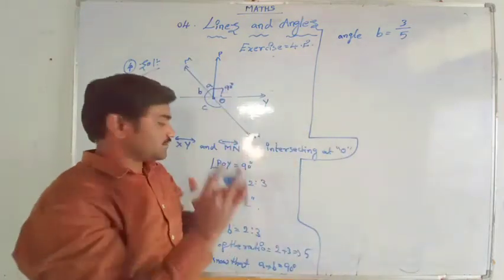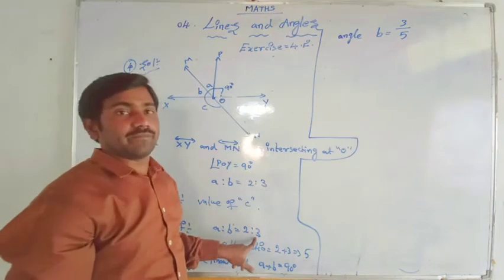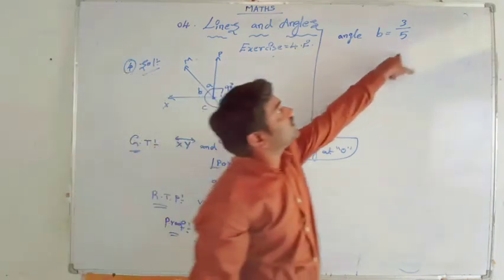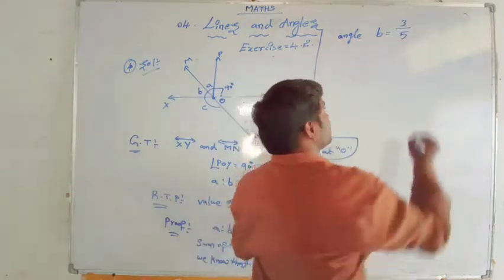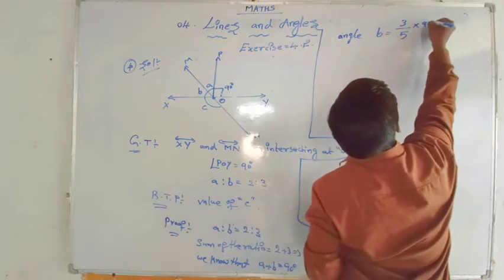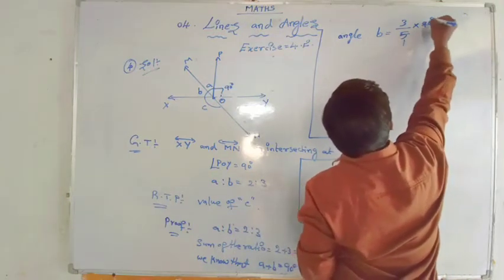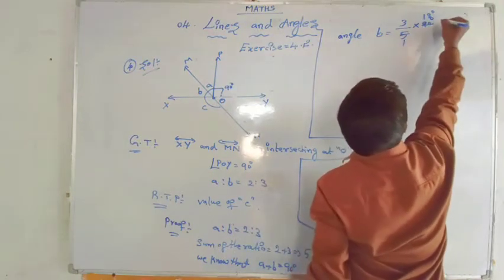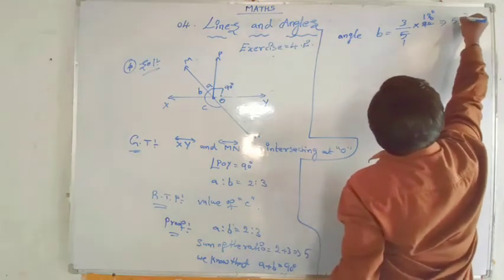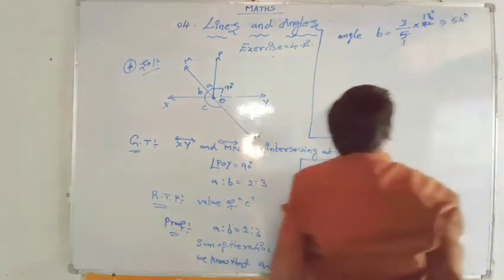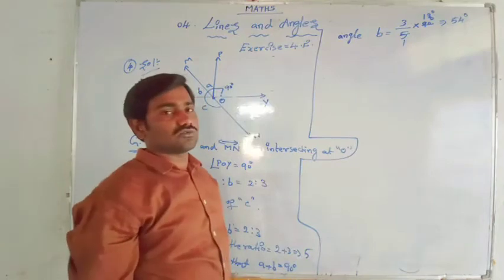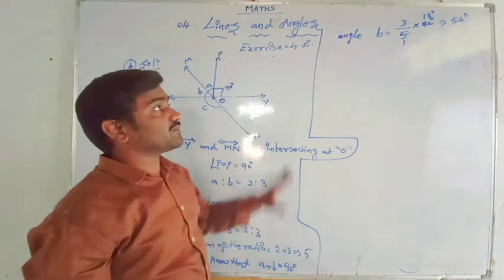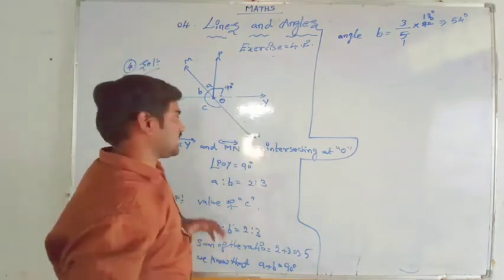Out of 5 parts, 3 parts are taken by B, into the complete 90 degrees. 5 ones are 5, 18 fives are 90. 18 threes are 54 degrees. That means angle B equals 54 degrees.